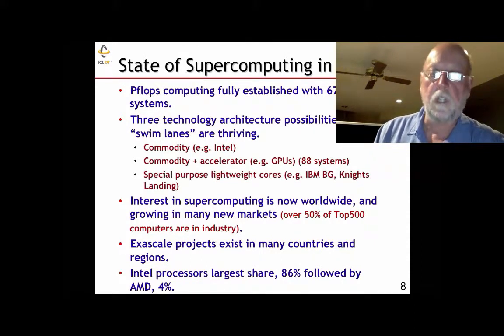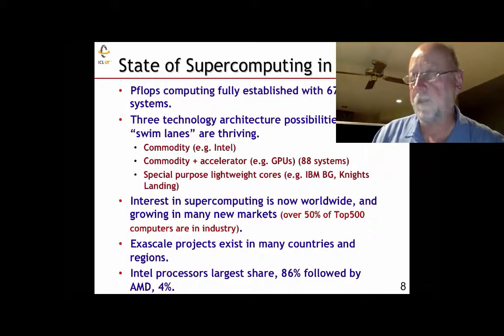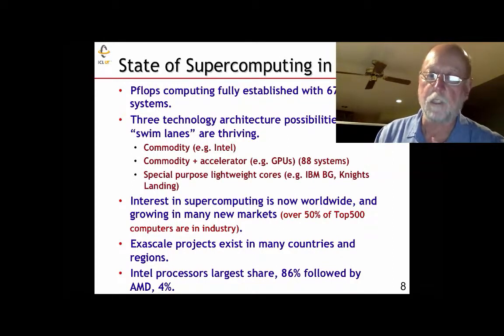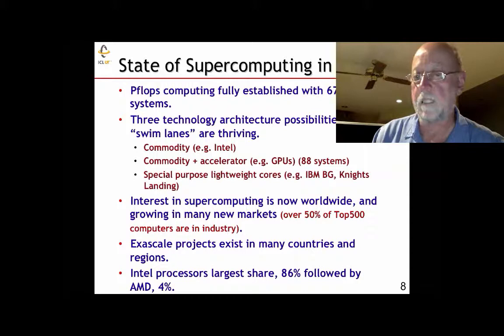The third swim lane, I'll say, is something which deploys special-purpose lightweight cores. An example of that is the cores that are in the IBM Blue Gene, although IBM is no longer making Blue Gene processors, or what Intel has in its Knights Landing processor.